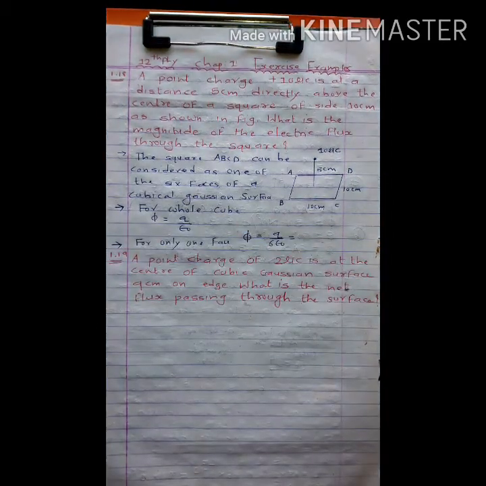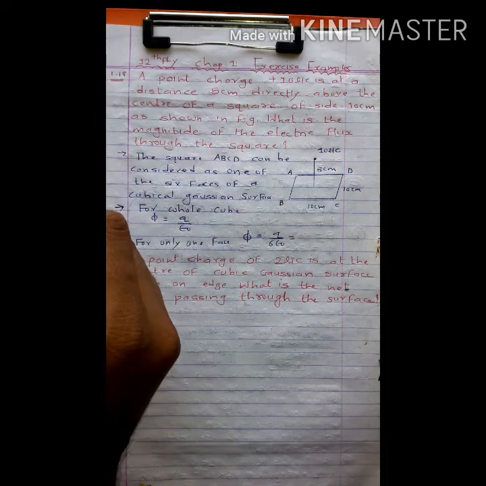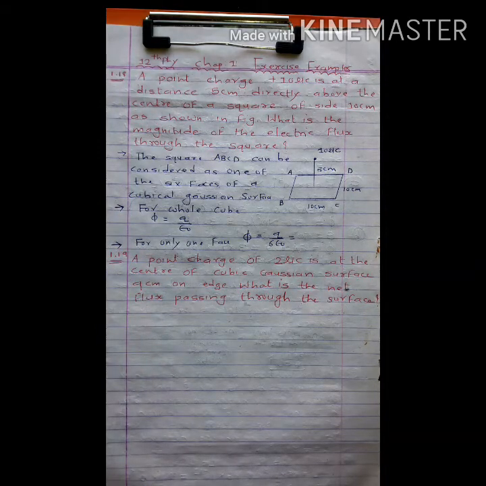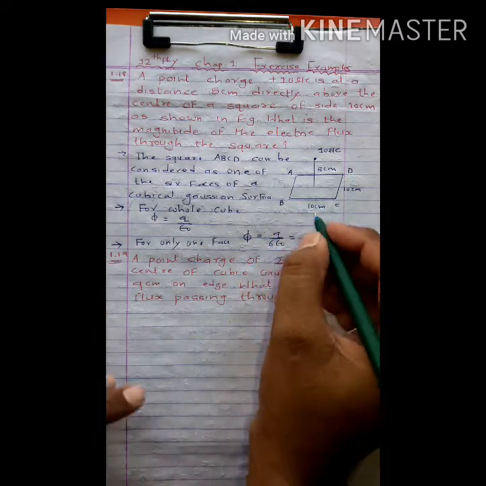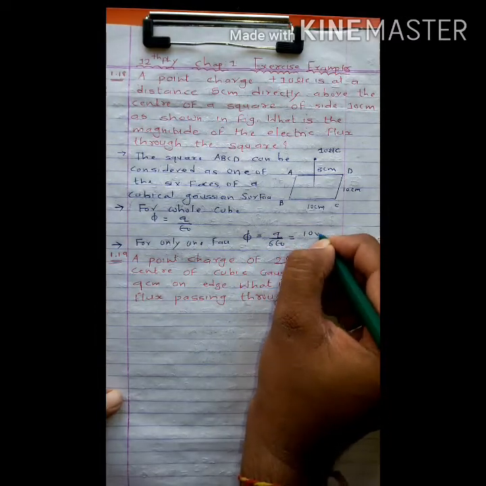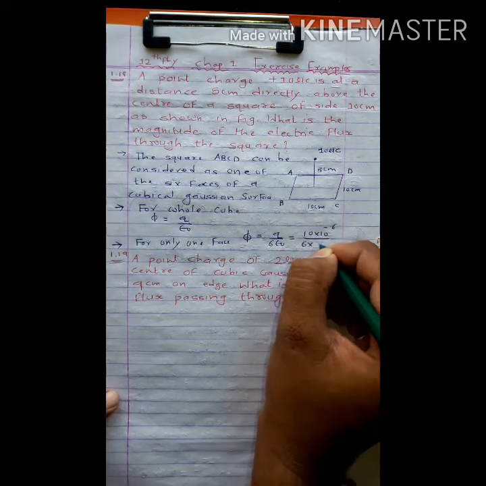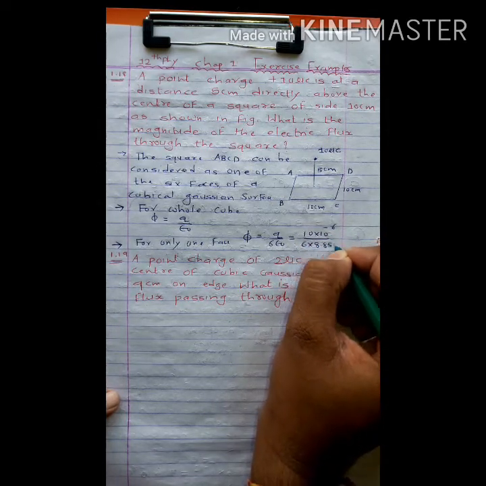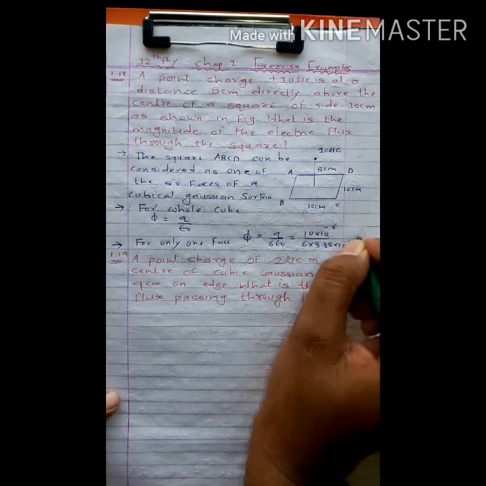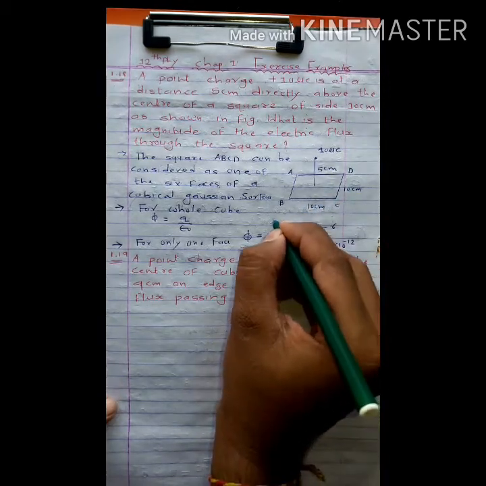Now we have the value of q and the value of epsilon 0, so we simply substitute. Q is 10 microcoulomb, 10 into 10 raised to minus 6, divided by 6 into 8.85 into 10 raised to minus 12. Now try to solve this.